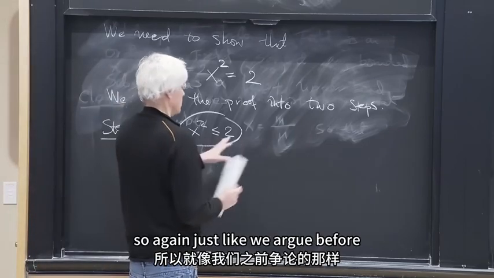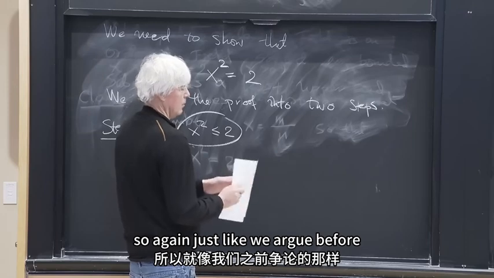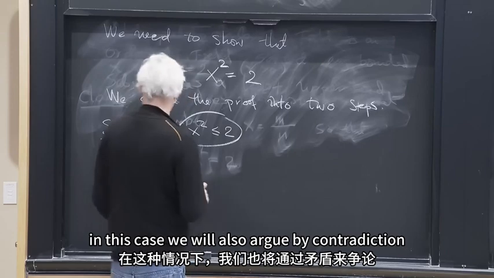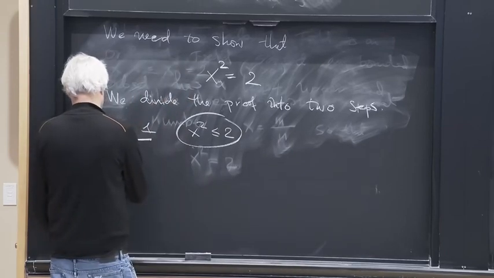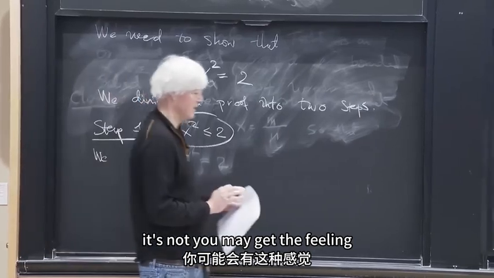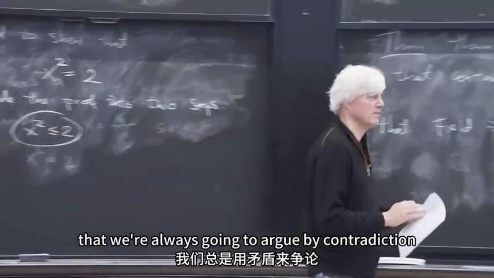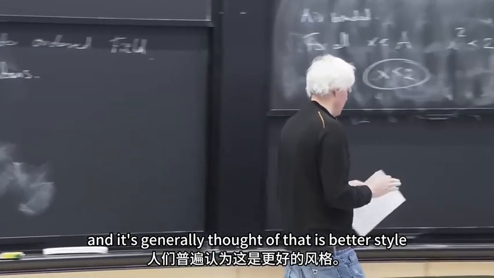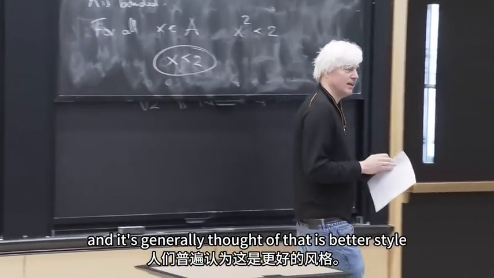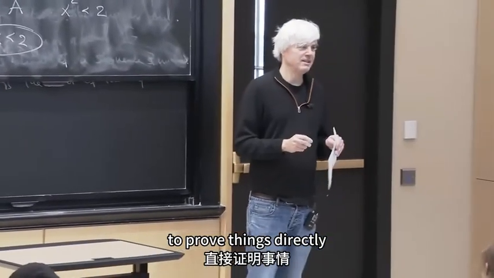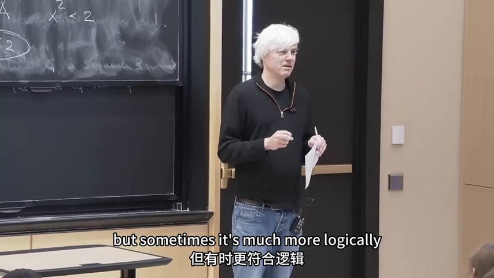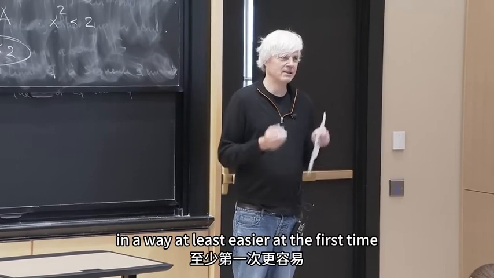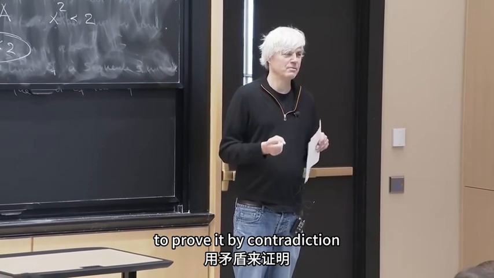Again, just like we argued before, in this case we will also argue by contradiction. You may get the feeling that we're always going to argue by contradiction in this class, and we won't. It's generally thought that it's better style to prove things directly, but sometimes it's much more logical and, at least the first time, easier to prove it by contradiction.